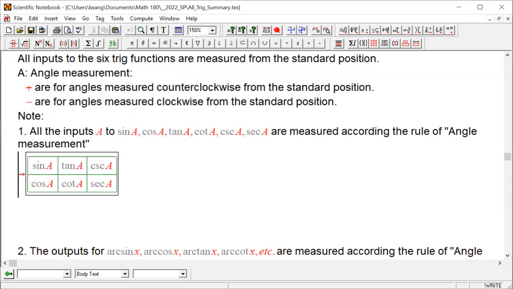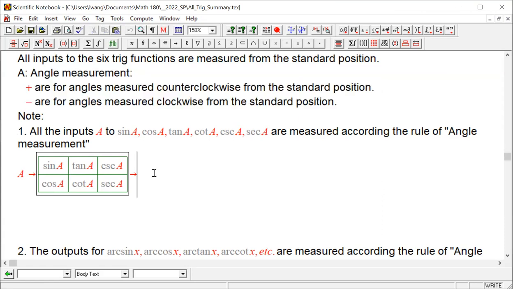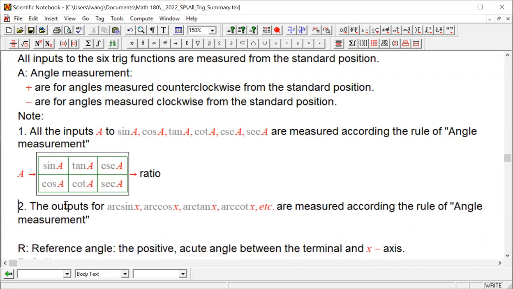Their inputs are angles, and of course they each have their specific domains. These angles are all measured according to this rule, and they produce ratios of various kinds. We're going to get to the definition.